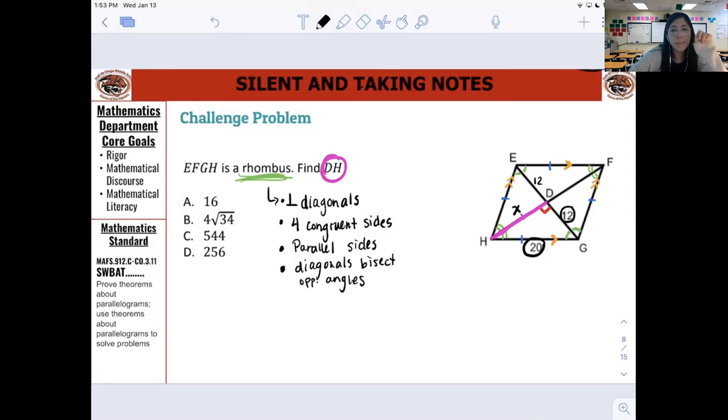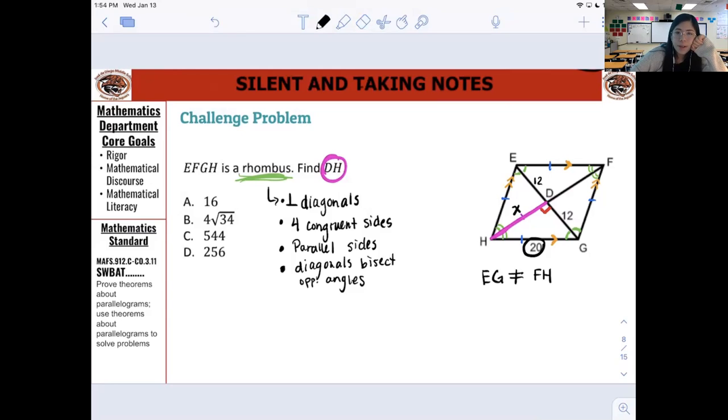They bisect each other, but they're not congruent. Oh, so EG does not equal FH. So although that would have maybe worked, it's not going to work for us.